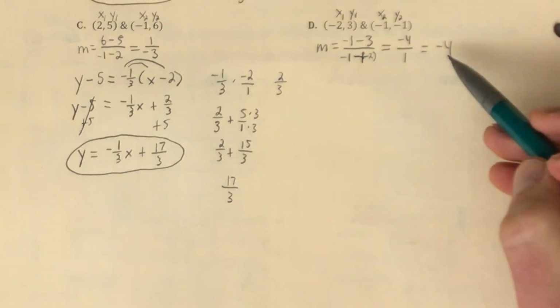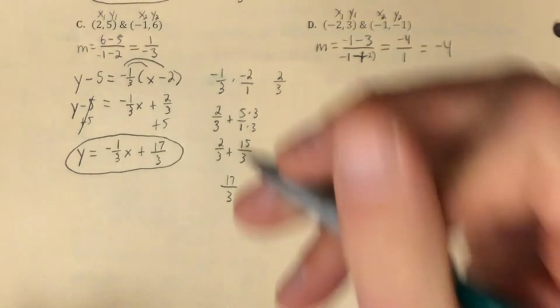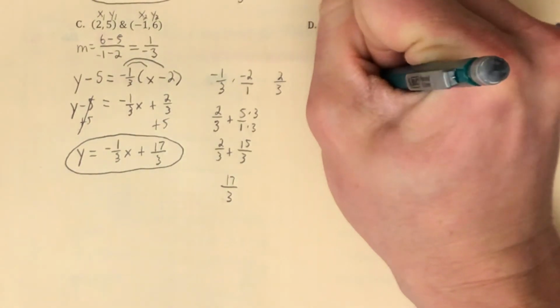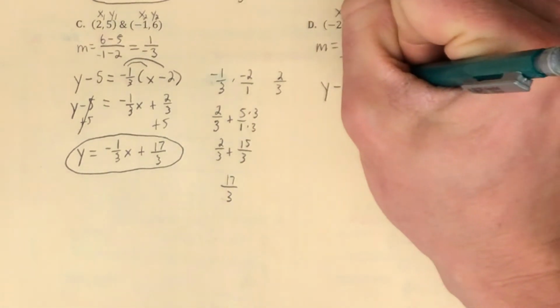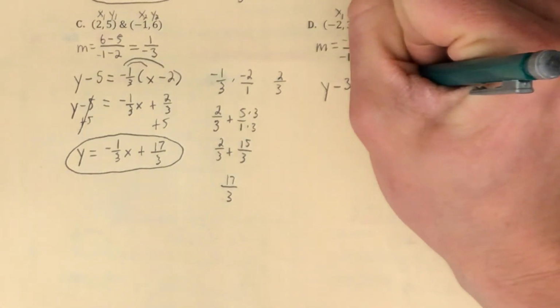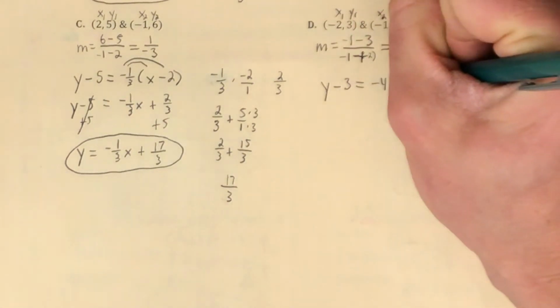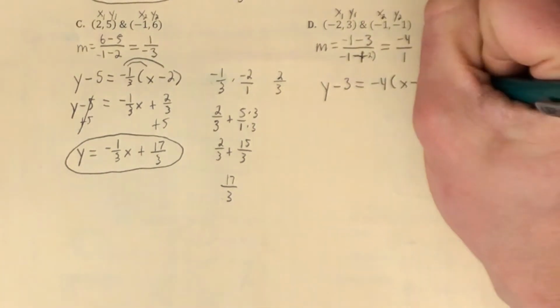So now that I know my slope and I've got a point to work with, I've got to plug into point slope form. So y minus y1 equals m times x minus x1. So y minus my y1, I labeled as 3, is equal to m, which I found to be -4, times x minus my x1, I labeled as -2.